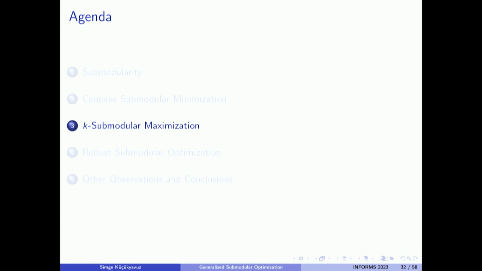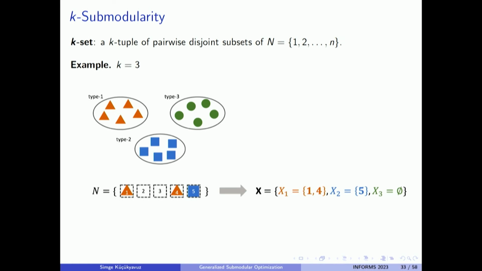Okay, so K-submodular maximization. Now instead of selecting one subset from our ground set, we're interested in selecting K disjoint subsets, because of the heterogeneity of the items, or the sensors, let's say, that we're selecting. So type 1 sensors, type 2 sensors, type 3 sensors.